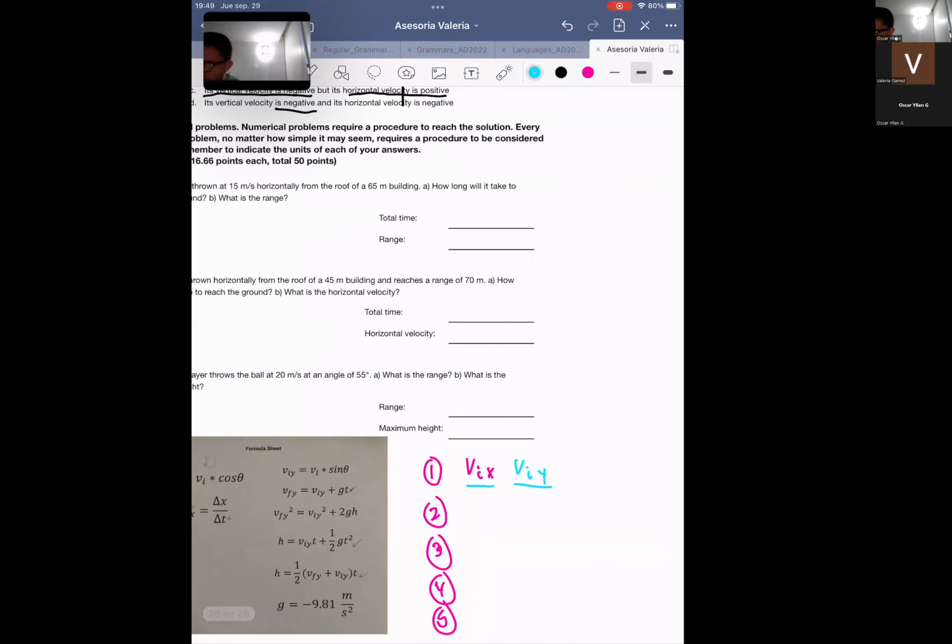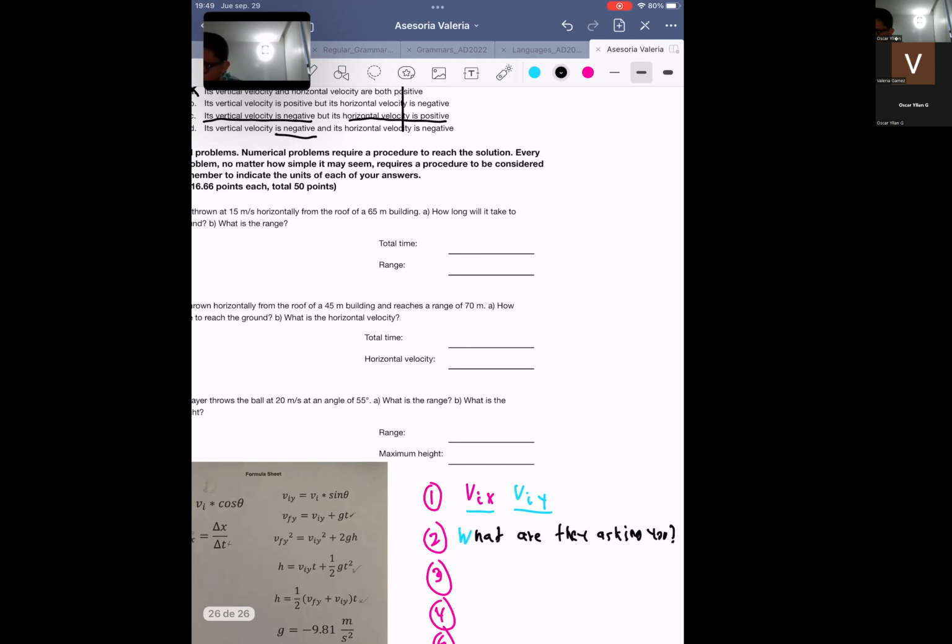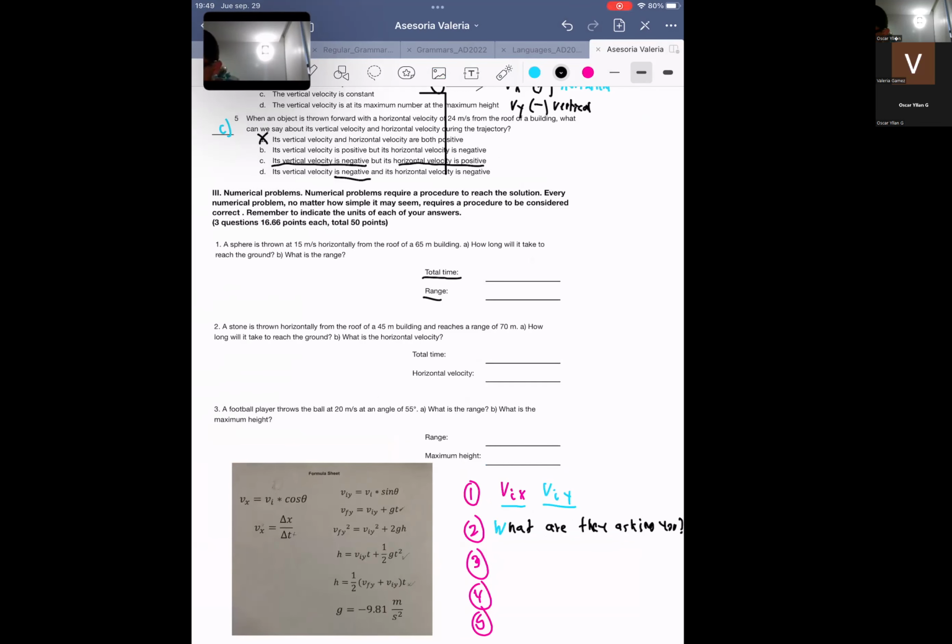Number two is to get what they are asking you. They are asking you, for example, total time and range. Well, in the problem it says, a sphere is thrown at 15 meters per second horizontally from the roof of a 65 meters building.